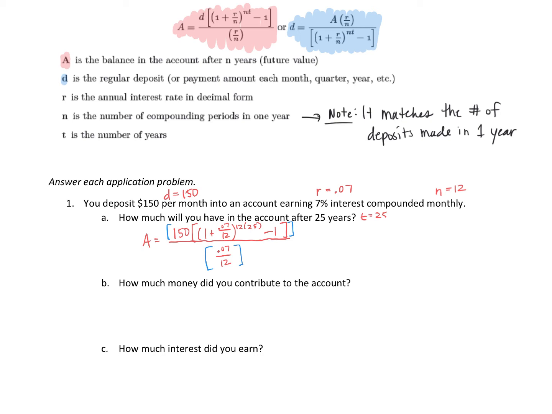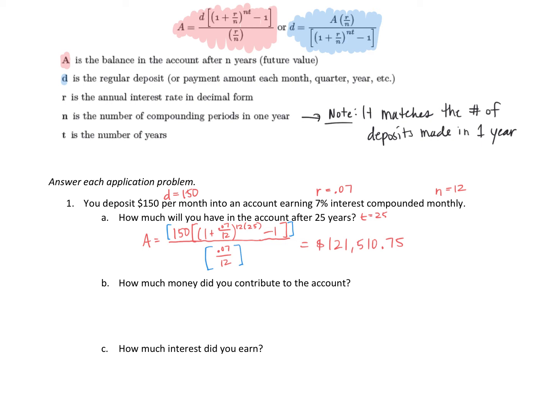That's a key here. So let's plug this in and see what we get. When I put this in the calculator, I ended up with $121,510.75.